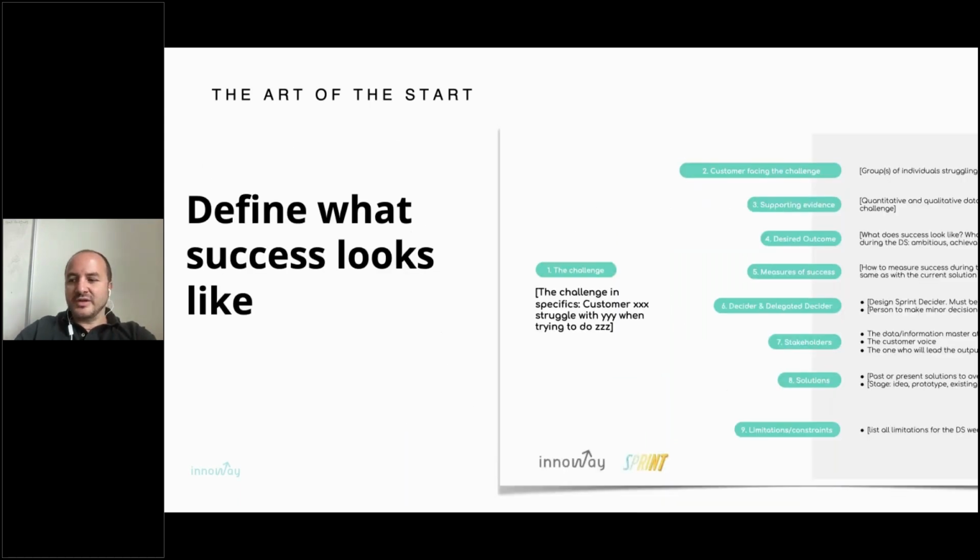The other thing that we strongly recommend is not to start the design sprint week without having a clear understanding of what success looks like and what the scope is. We use this simple but very effective template where we identify things like what is the desired outcome, how are we going to measure success, who is the decider and the delegated decider, who is the team, and what are the limitations.